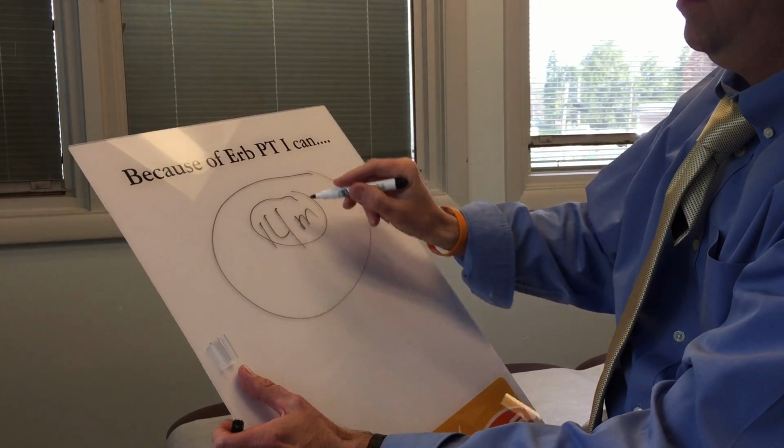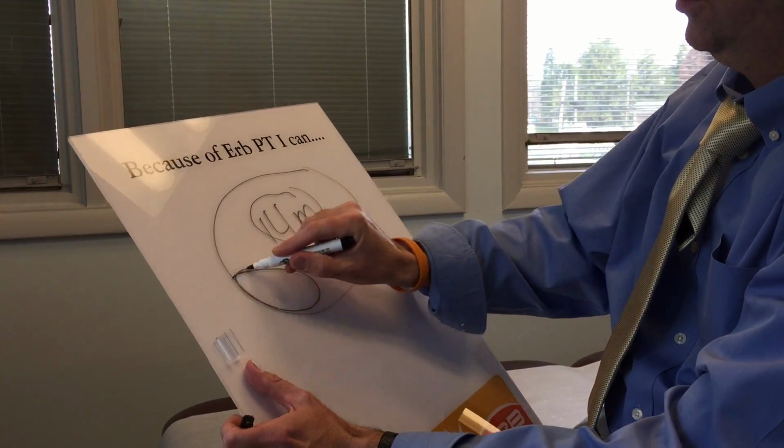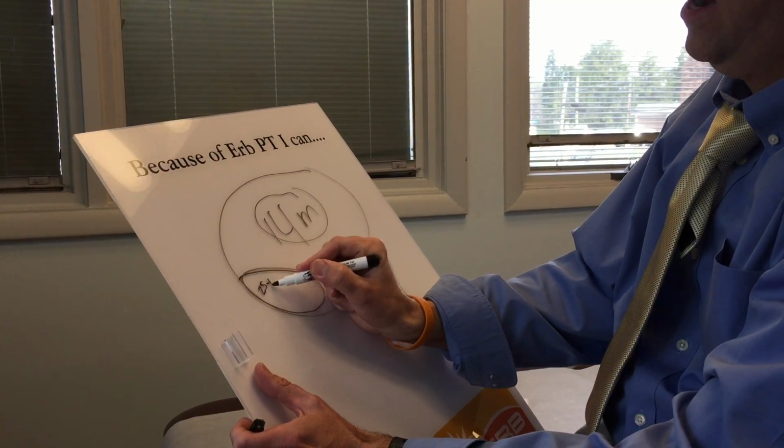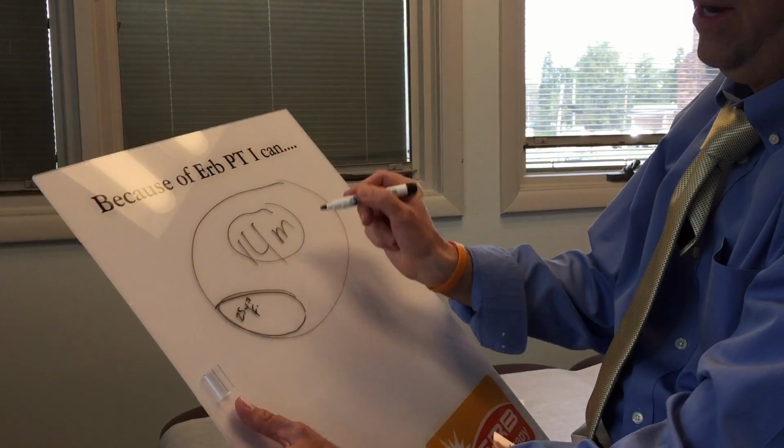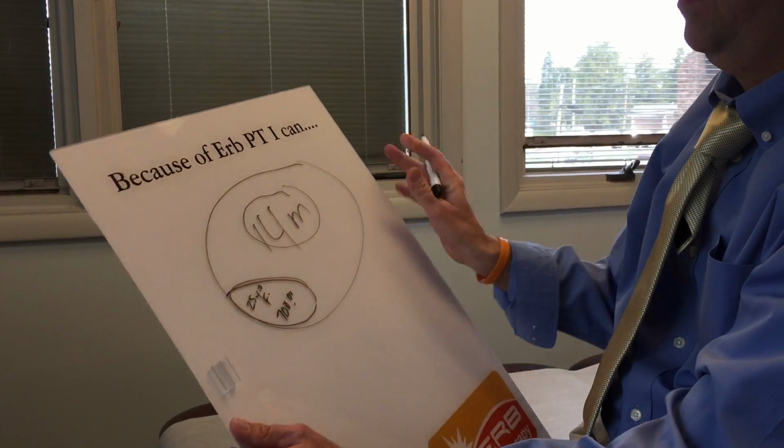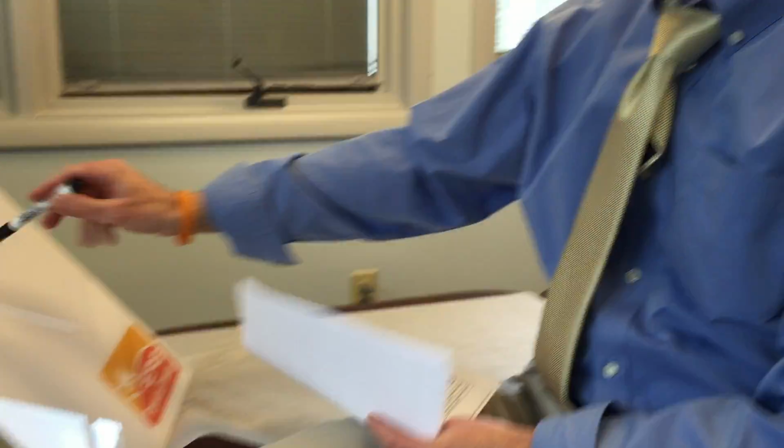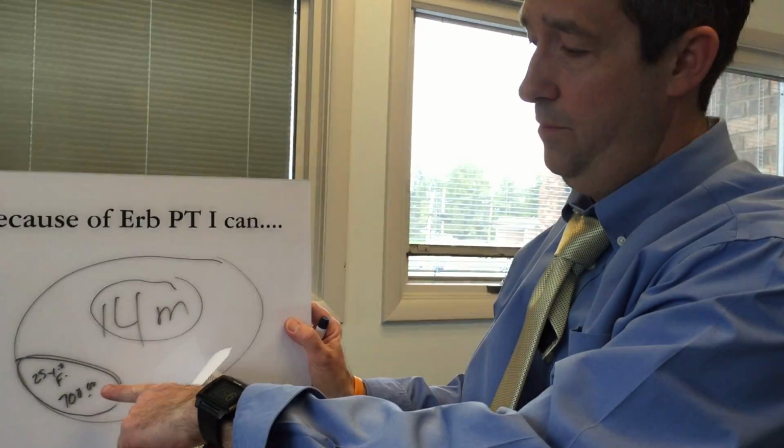So instead of 14 million people, maybe we're only comparing you to a smaller sliver of the 25-year-old females. And that might only be like 700,000. But the important thing is that we're comparing you to other people who are just like you, who have the same problem you have.